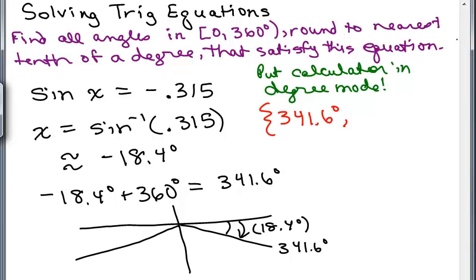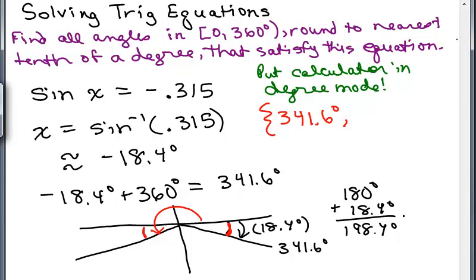And how could I get that? In other words, how would I figure out what that is? Well, I have 180 degrees plus this extra piece, and this piece is the same as that piece over there. So I have 180 degrees, right, plus that extra piece, which is 18.4 degrees, or 198.4 degrees.